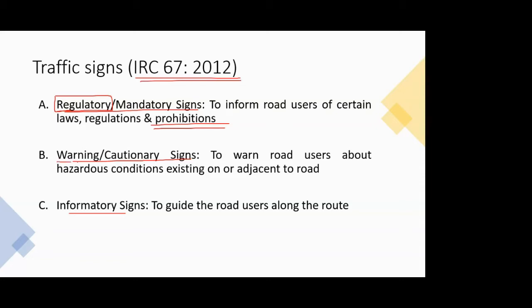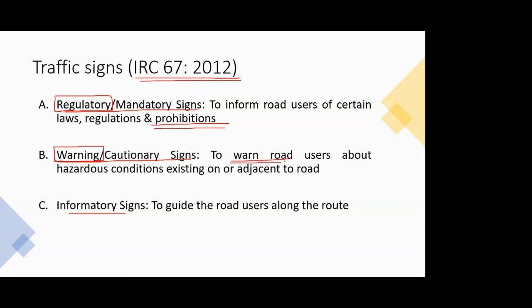Then the B type is the warning sign or cautionary sign. Violating these signs will not get you a fine or any kind of action, but they are just for your information so that you don't end up with an accident. It is just to warn road users about something.